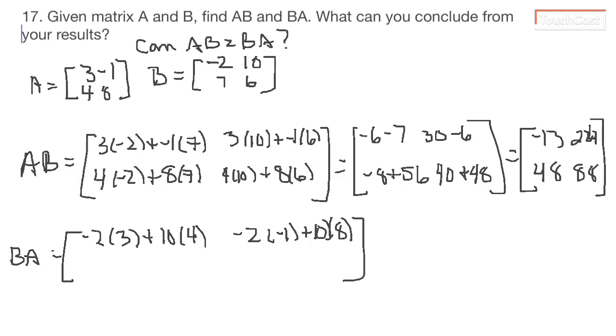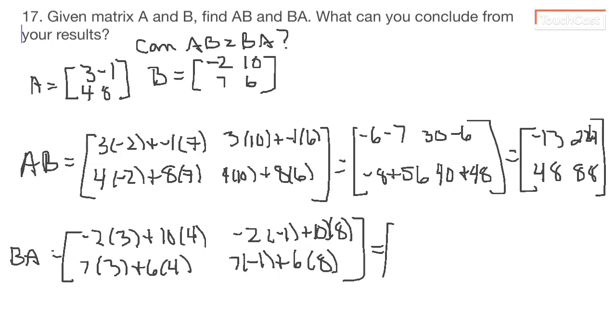Then we're going to have 7 times 3 plus 6 times 4 and 7 times negative 1 plus 6 times 8.